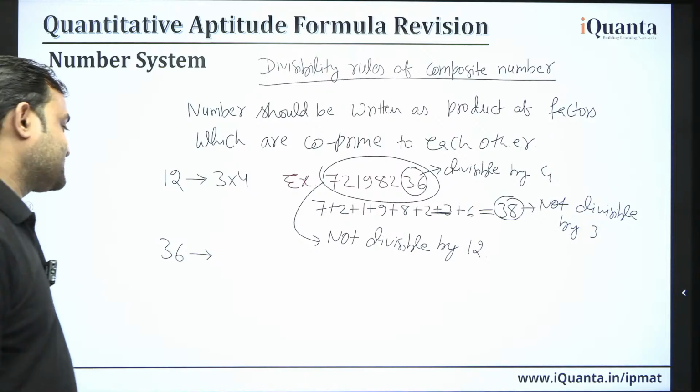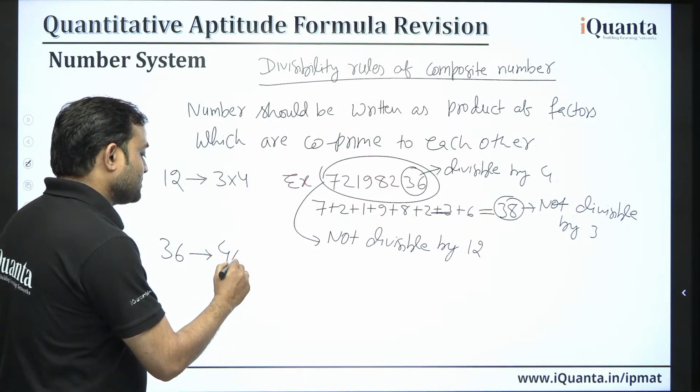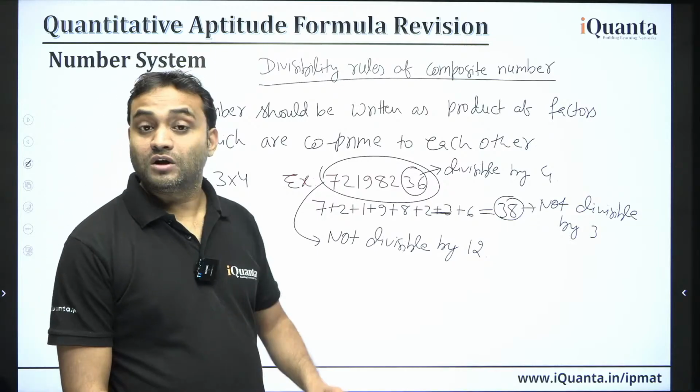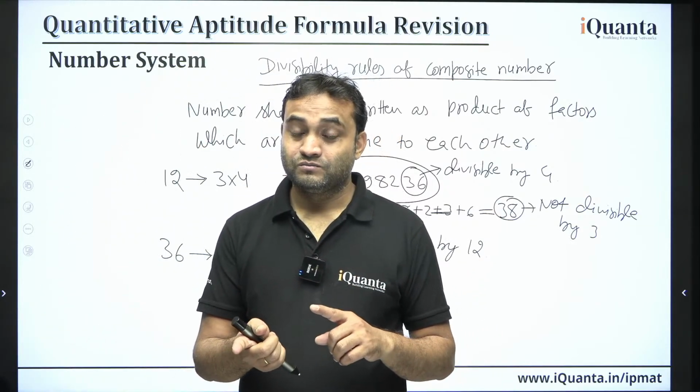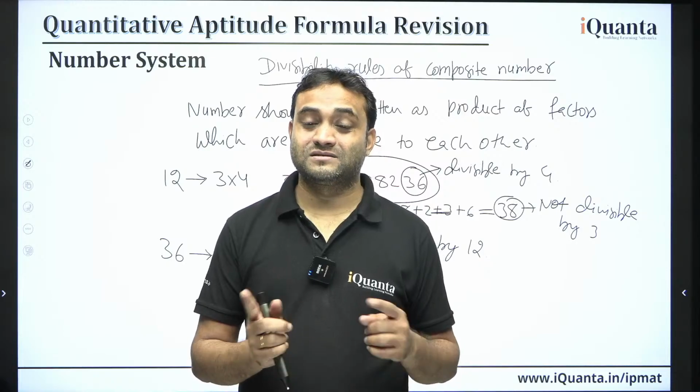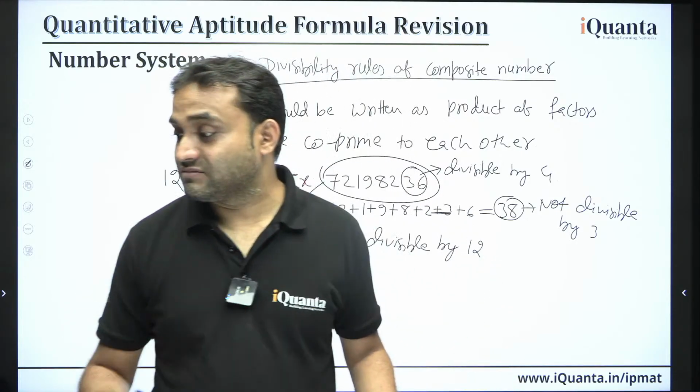Four and 9, yes, we should check the divisibility rule by 4 and 9, not 18 and 2, not 6 and 6. It can only be 4 and 9, nothing else, right?